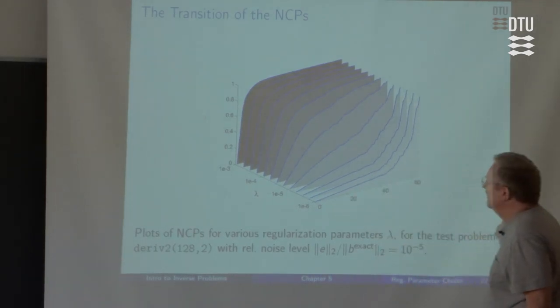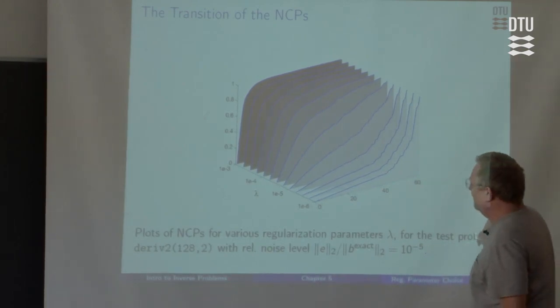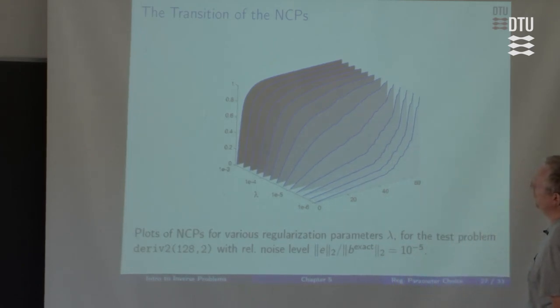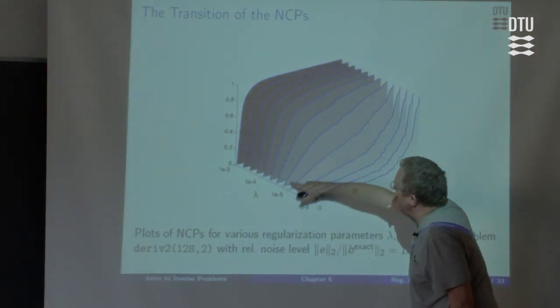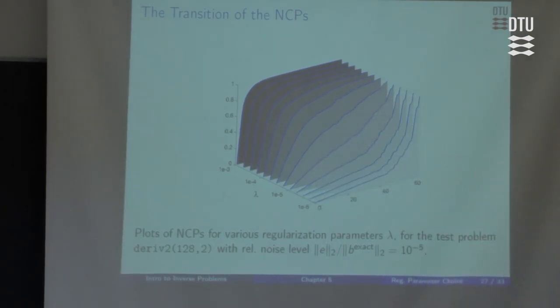Right. And in between, there is a value of lambda for which the Ncp curve is pretty much almost a straight line from one corner to the other one. And that might be this particular line I'm pointing at right here in the middle.